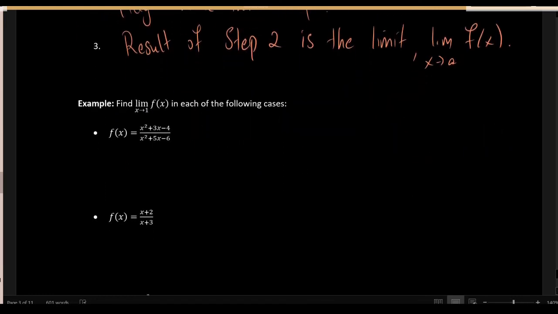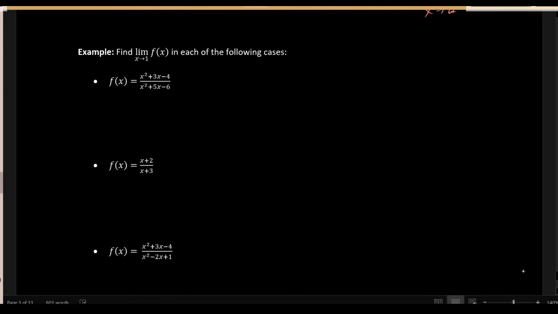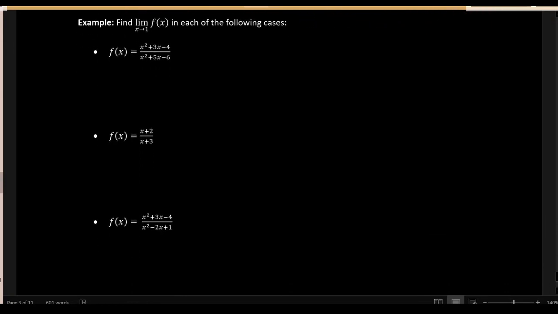Let's find the limit as x approaches 1 of each of the following rational functions. Before I do anything, I'm going to simplify this function, which means that I'm going to factor the numerator, factor the denominator, and cancel common factors.